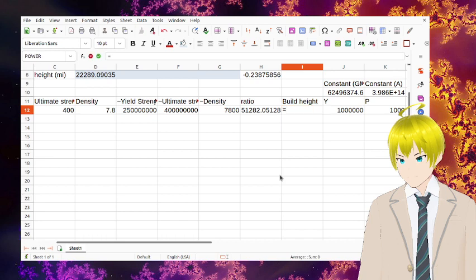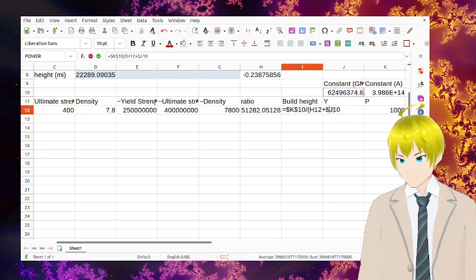And then over here, we should calculate our ultimate build height, which is going to be equal to this constant A, let's do static reference. Or no, it should be the one next to it. That constant A divided by our ratio plus this constant here.